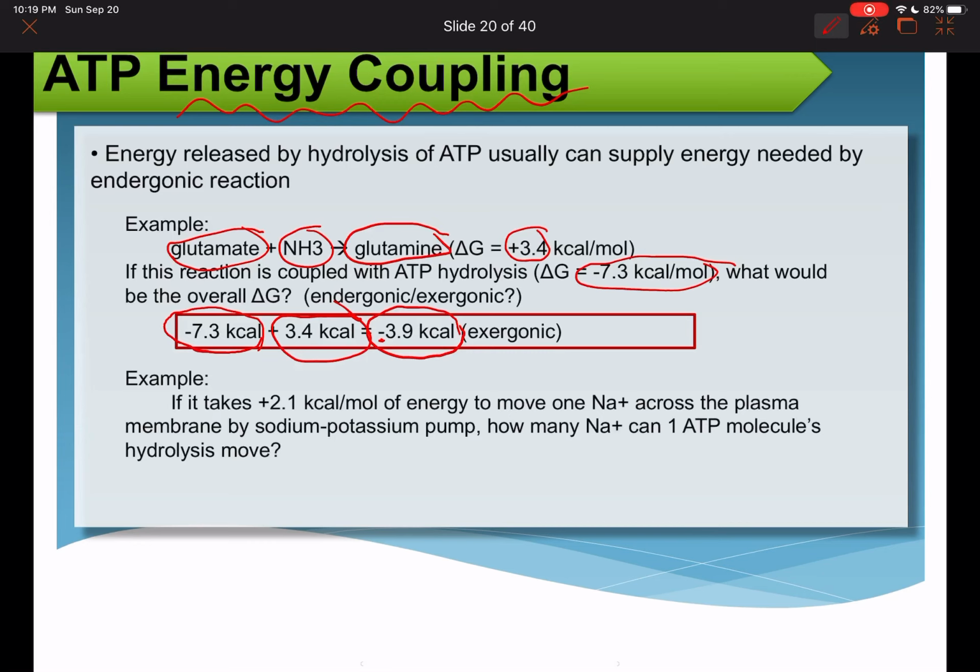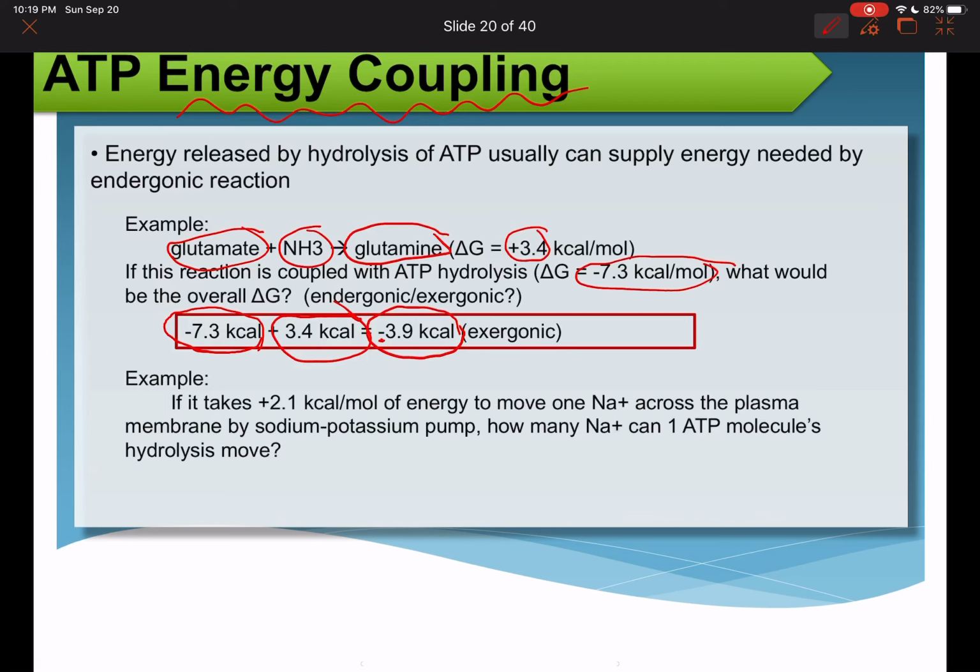The problem says, if it takes 2.1 kilocal per mole of energy to move one sodium ion across the plasma membrane by your sodium-potassium pump, how many sodium ions can one ATP molecule hydrolysis move?